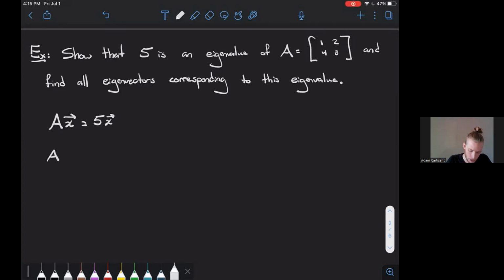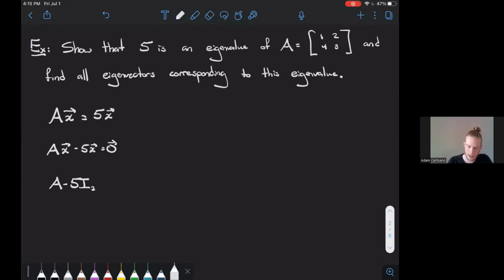Well, subtract from both sides: Ax minus 5x equals the zero vector. Factor out x, left distribute, whatever. This is going to become A minus 5 I2, I2 being the 2 by 2 identity matrix. It's a matrix, the difference of two 2 by 2 matrices. That thing times x is apparently equal to 0.